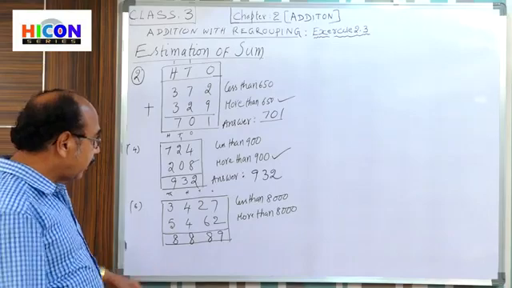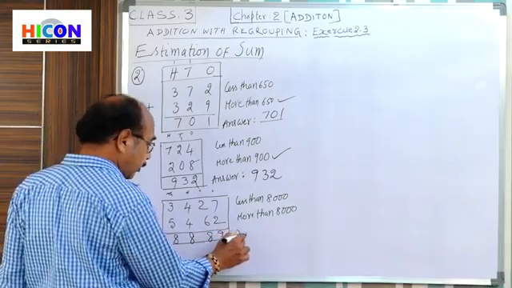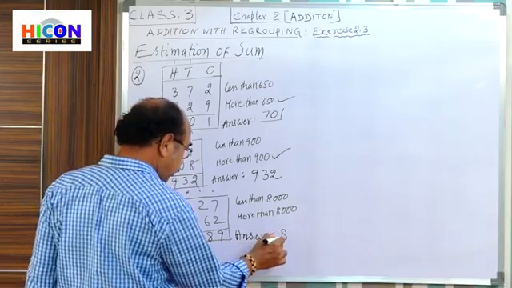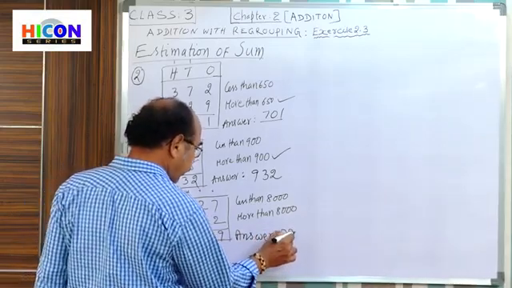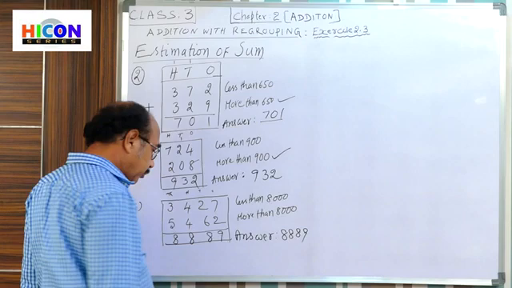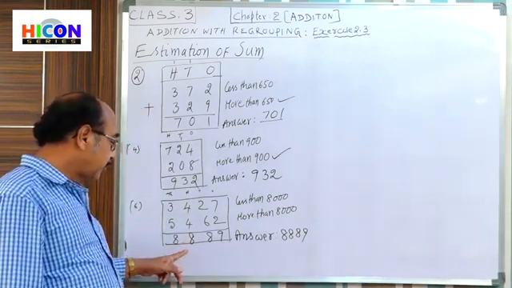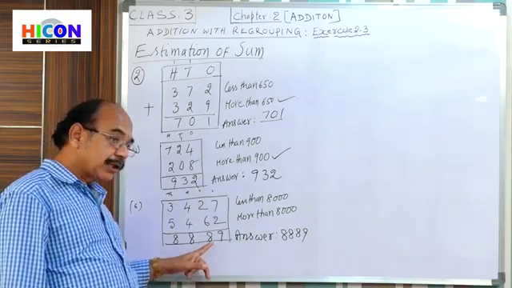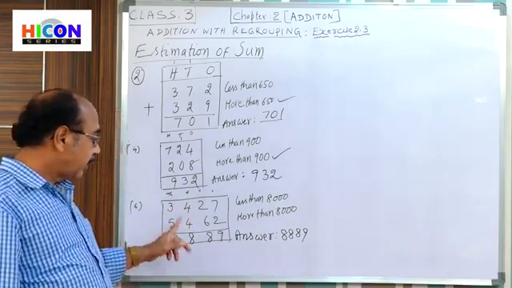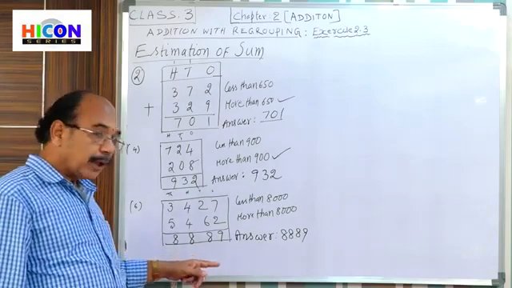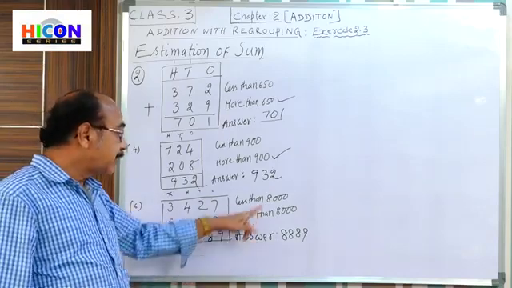What is the answer here? The answer is 8889. 8 thousands, 8 hundreds, 8 tens, 9 ones. 8889.